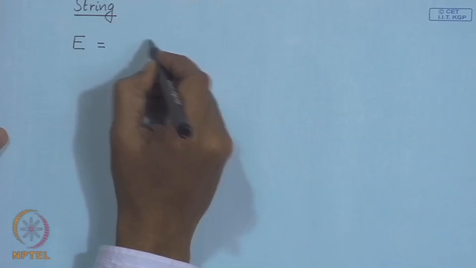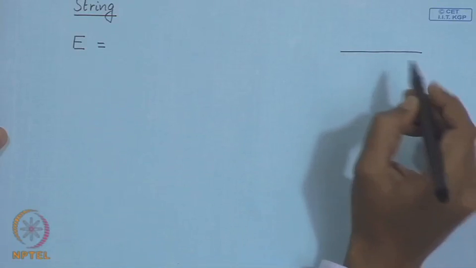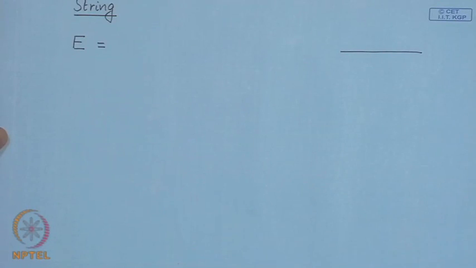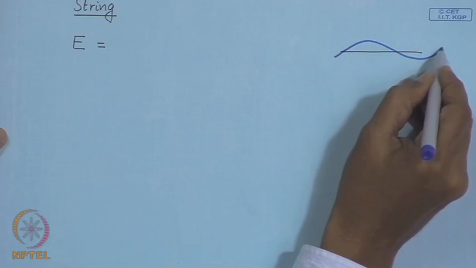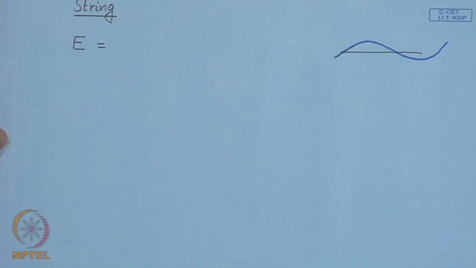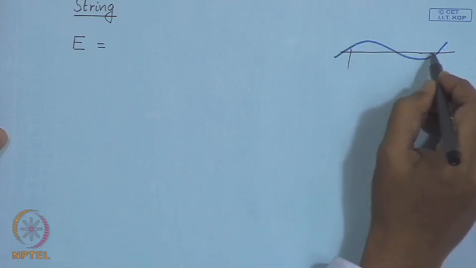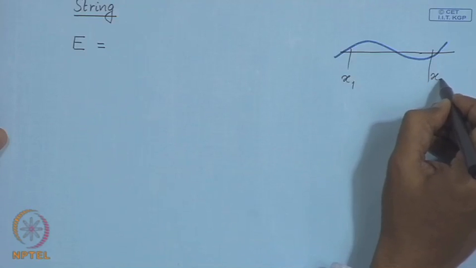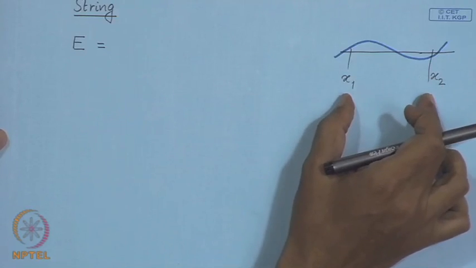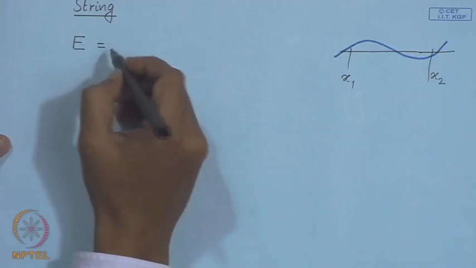Let us calculate the energy of the string in this region from x 1 to x 2.